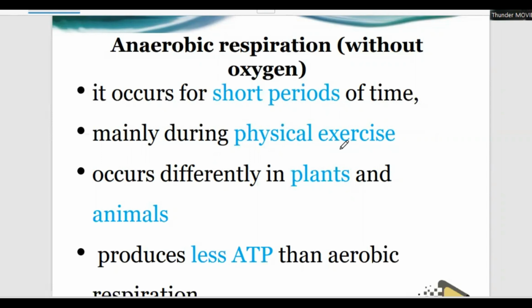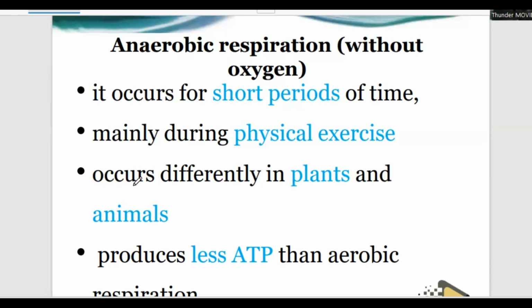So what happens? The body needs energy. So it breaks down glucose without oxygen, and however much is beneficial, energy is being released, but it releases less energy. It means that you use a lot of glucose with the limited amount of energy which is being produced. I can say that anaerobic respiration in animals is a necessary evil.